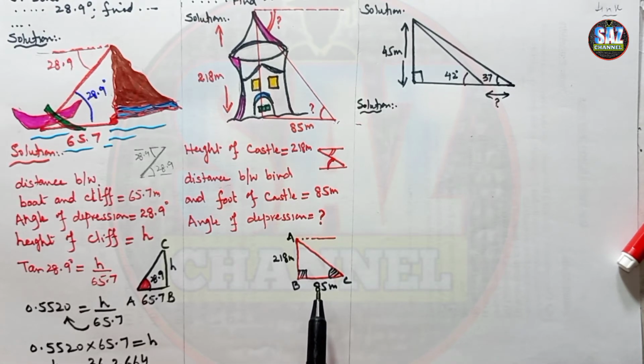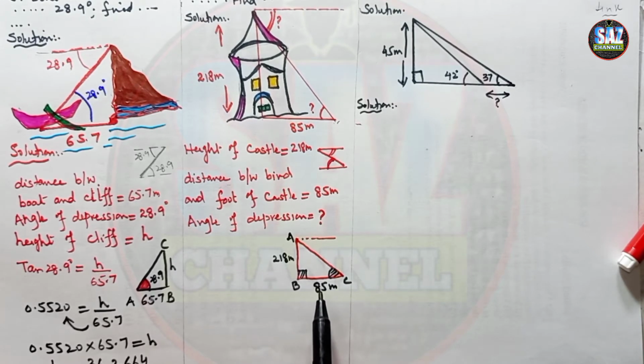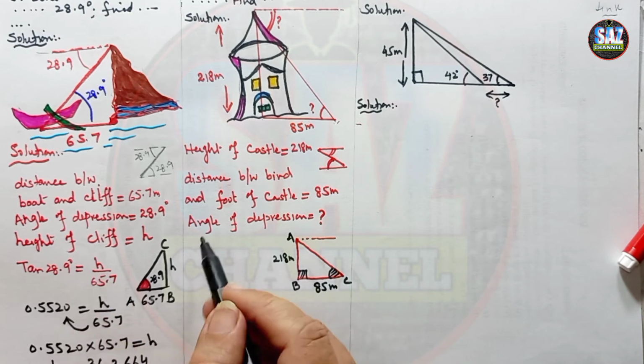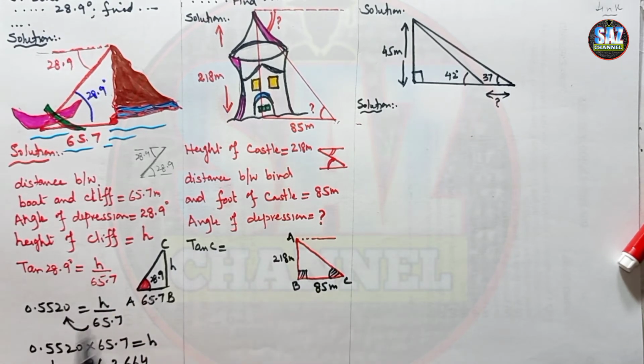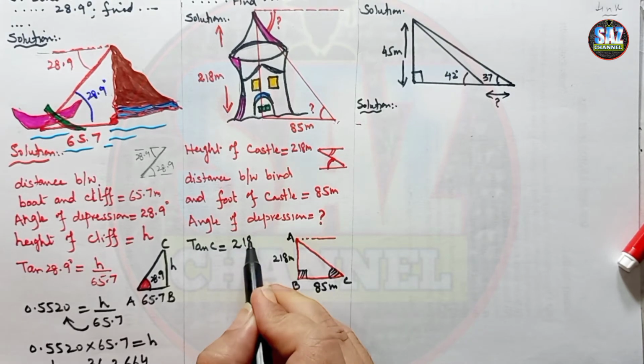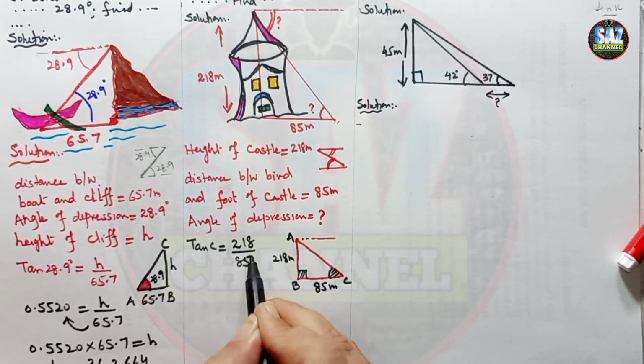Now recall which trigonometric ratio you can apply here. Very easy lesson. You just have to keep the rule for basic trigonometric ratios in your mind. Opposite and adjacent, that means we have to apply tangent. Now tangent C will be equal to opposite 218 upon adjacent 85.